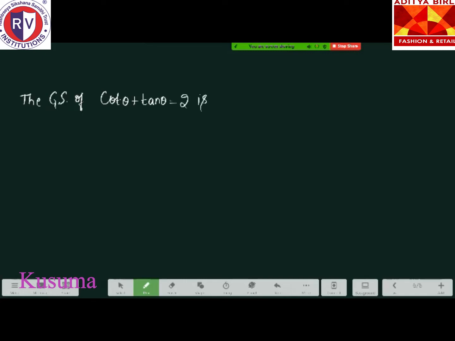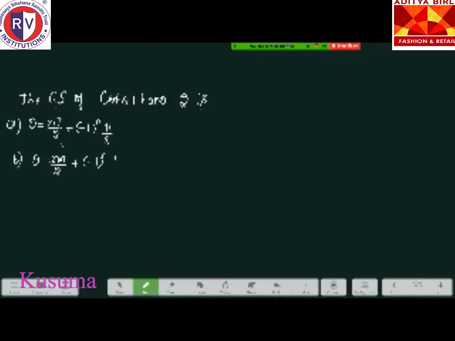Options are: A is theta is equal to n pi by 2 plus minus 1 to the power of n pi by 8. Option B is theta is equal to n pi by 2 plus minus 1 to the power of n into pi by 4.